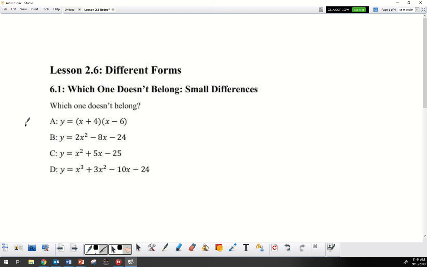Isn't it polynomials? It's the factored. It's factors. They're the factors of this. So if you said A, that should be factors.